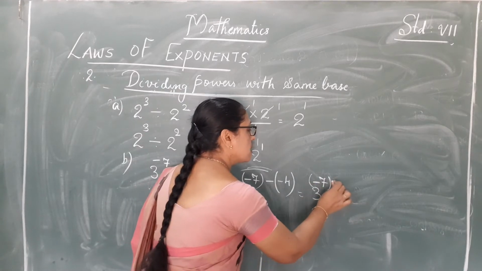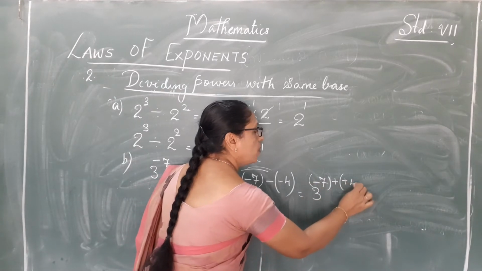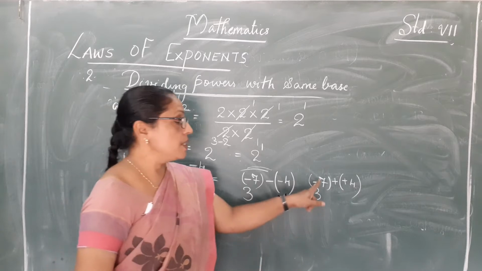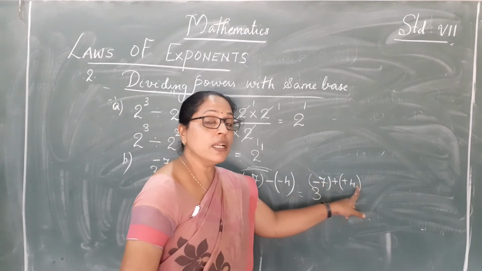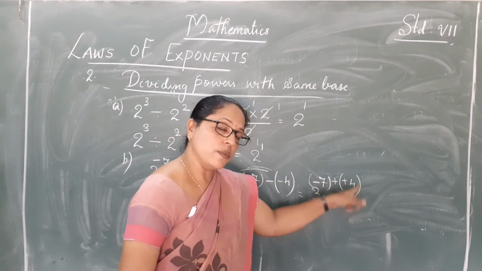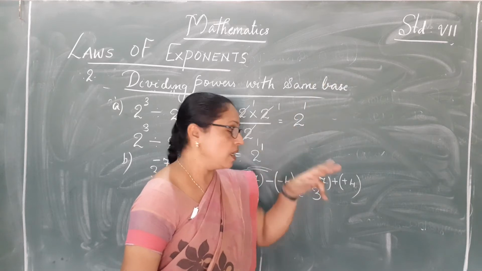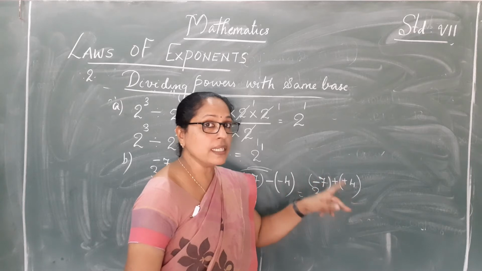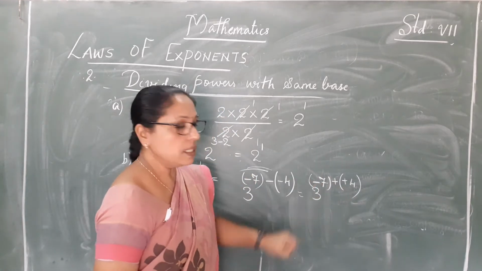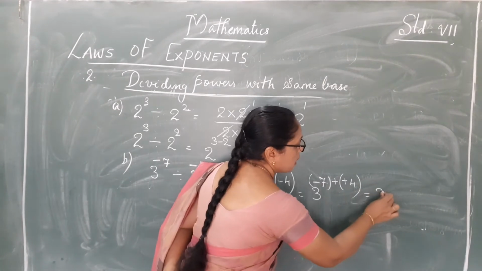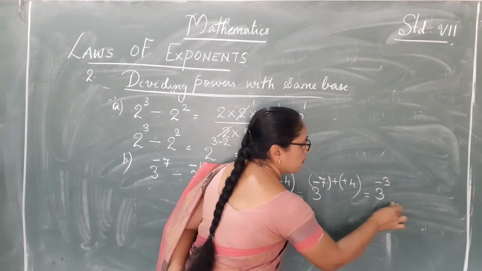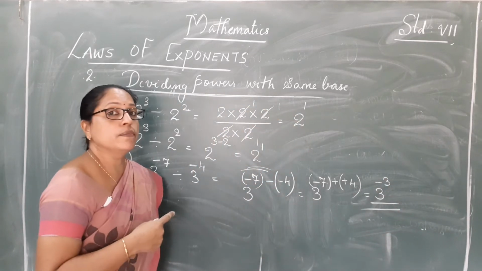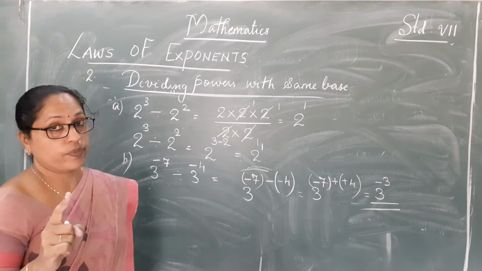So plus, then it becomes positive 4. Now integers rule. The two integers have different signs. All what you have learned, its application. So different signs, what do we do? Yes, we subtract and put the sign of the bigger number. So we get 3 raised to negative 3. So here we come to the second law.